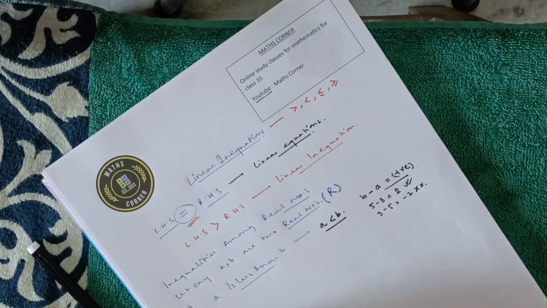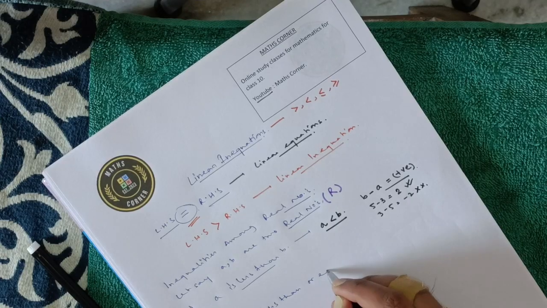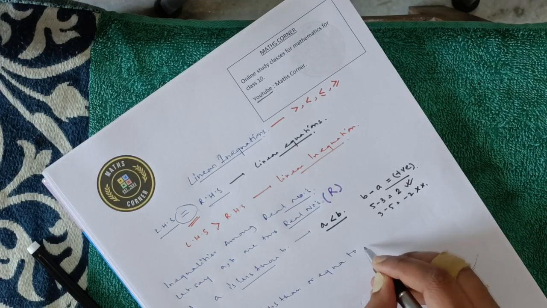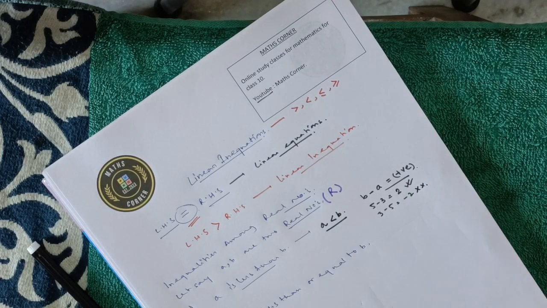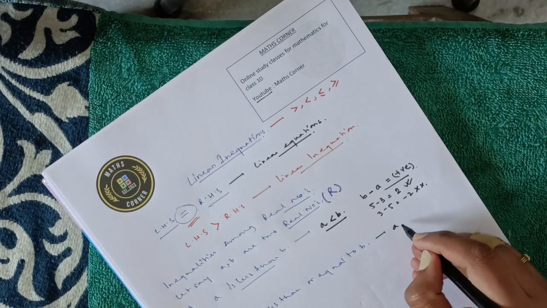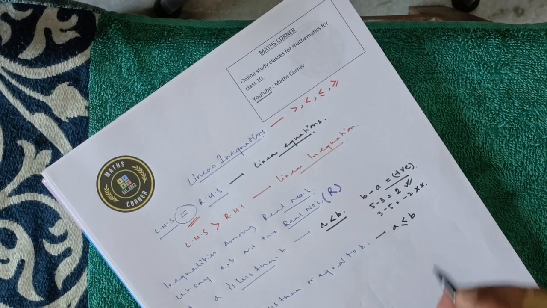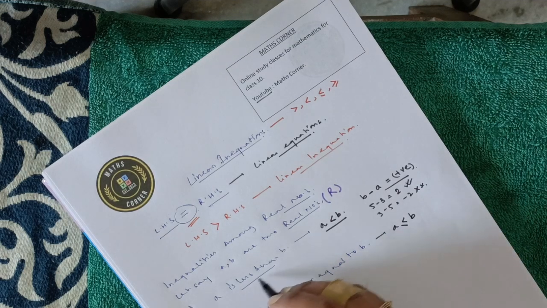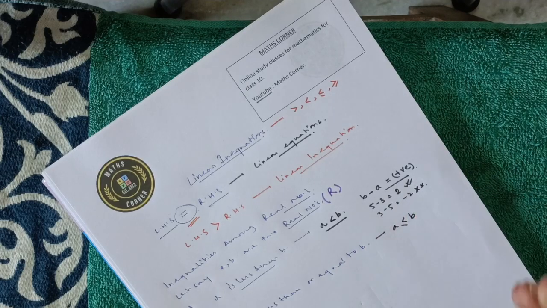Then we will come to the second. If A is less than or equal to B, how can it be written? It can be written as A less than or equal to B. For A less than B, B minus A was positive.